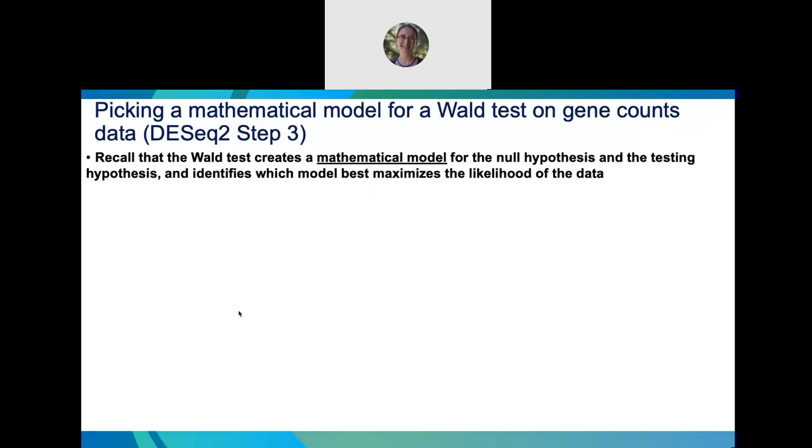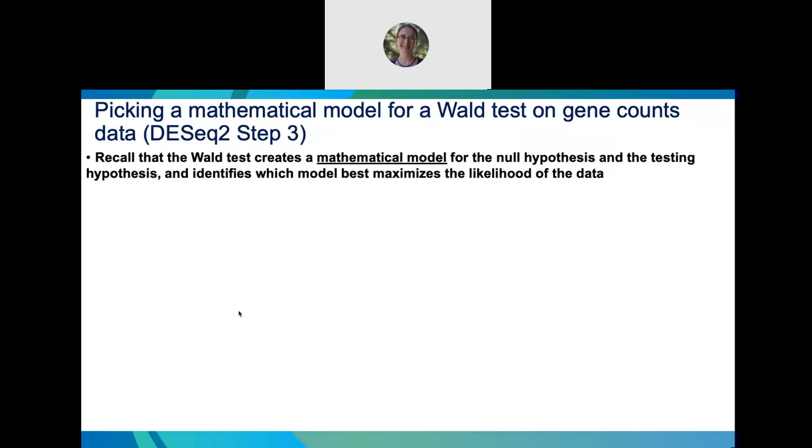So after dispersion has been estimated for all of the genes with low counts, we can go ahead and run our mathematical model. We can pick a mathematical model, run a Wald test.